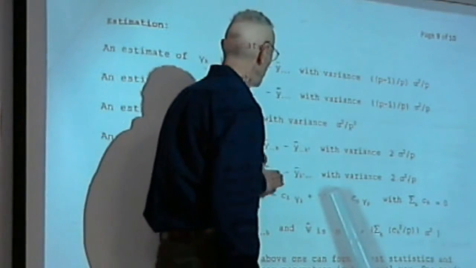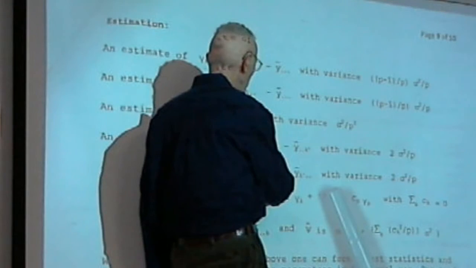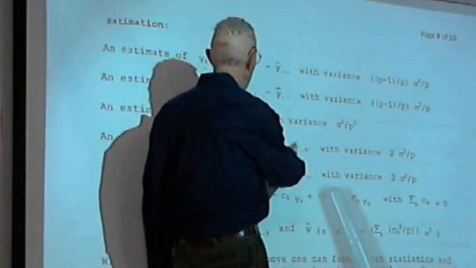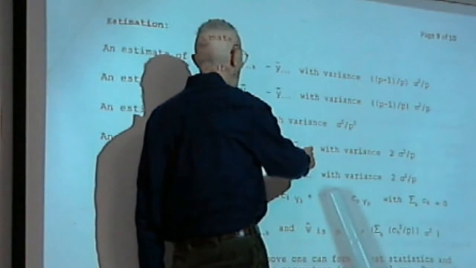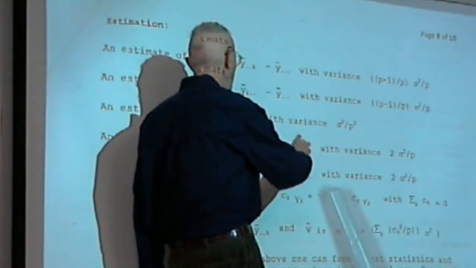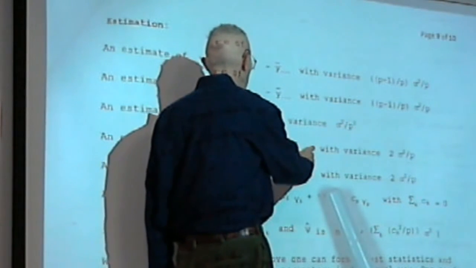What's the variance of this kind of thing? This is an easy one. Because this is the data in one row, that's up here. This is the data in one K. This is the data in the other K. And those are independent sets of variables. So this mean is independent of that mean.